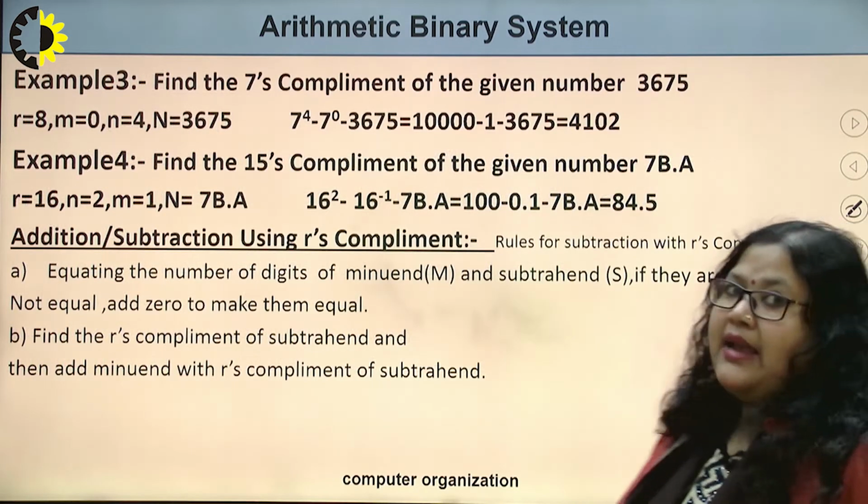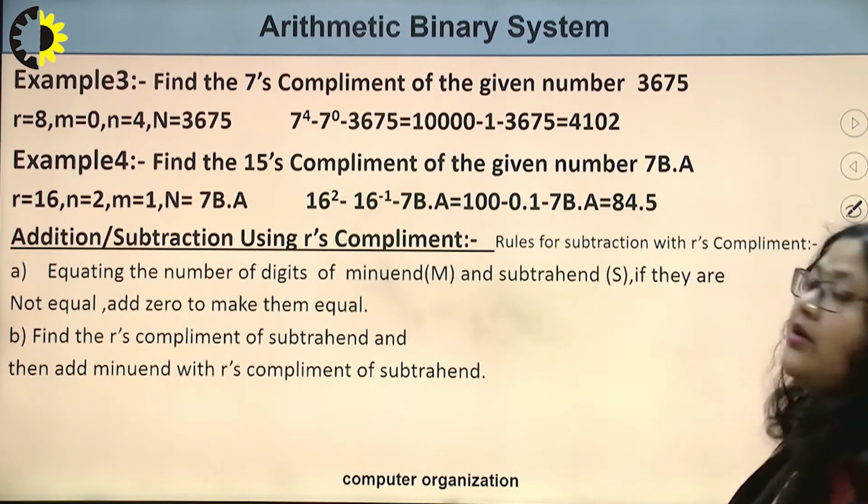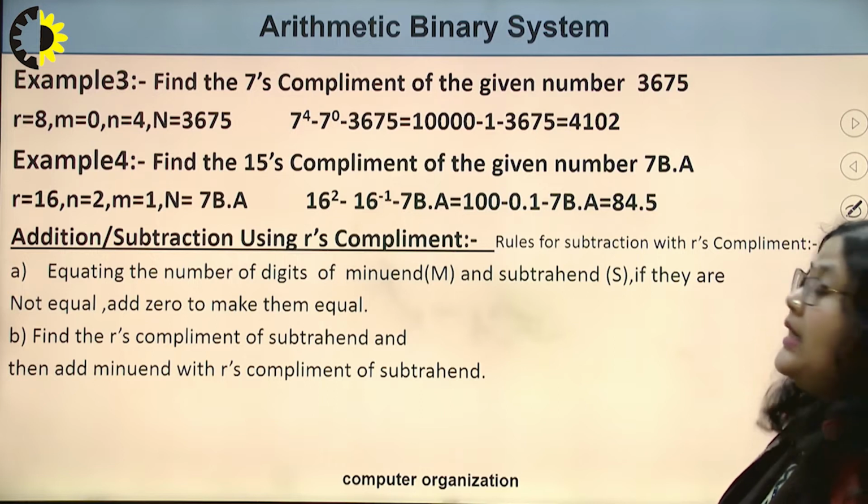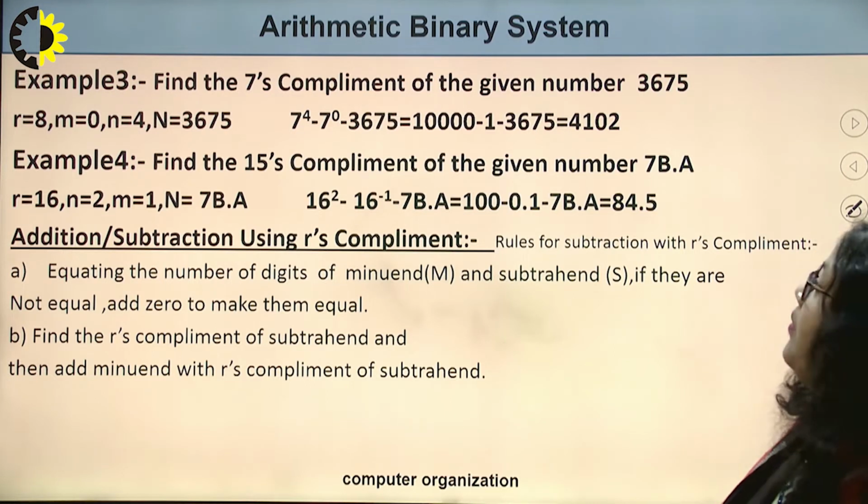Now take the next example: the 7's complement. It means the radix is 8. This is an octal number, 3675.